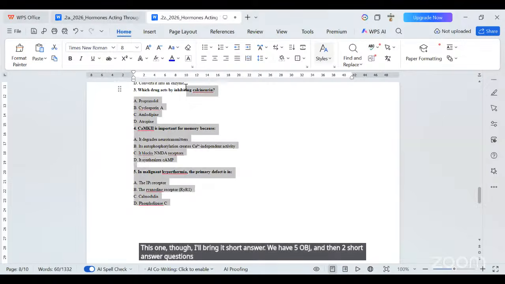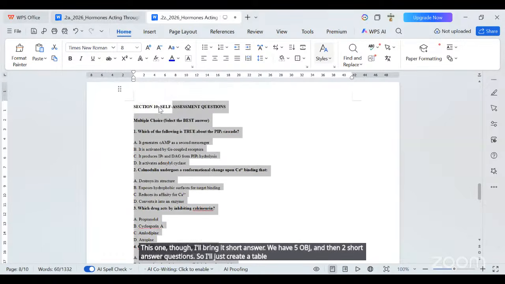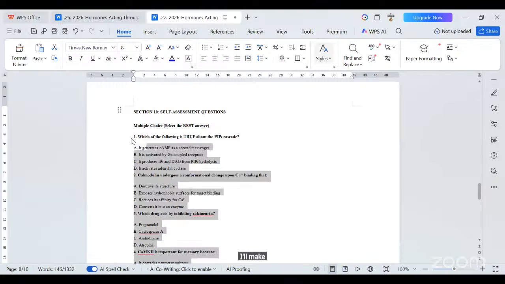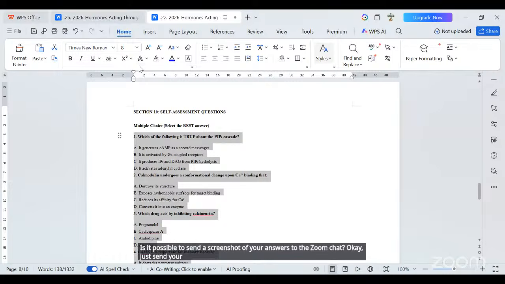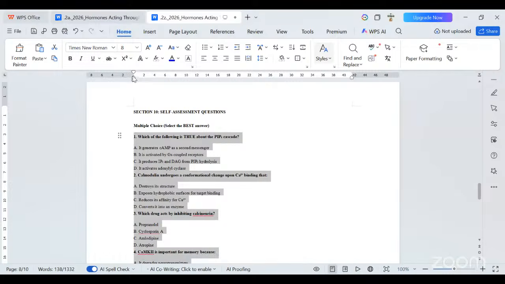So I'll just create a 2-column table. You answer it individually and send a screenshot. Can you send a screenshot of your answers to the Zoom chat? Okay, just send your answers to the Zoom chat. No need to screenshot it. We need to insert a table.